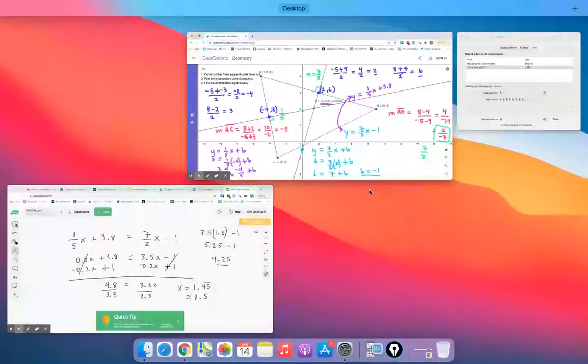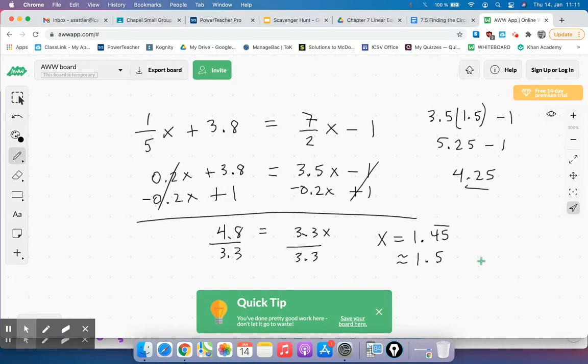Let's double check my work here. So this is one place where rounding can get us in trouble. We didn't do anything wrong, but if we plug in 1.4545 and multiply it by 3.5, we're not going to get 5.25.